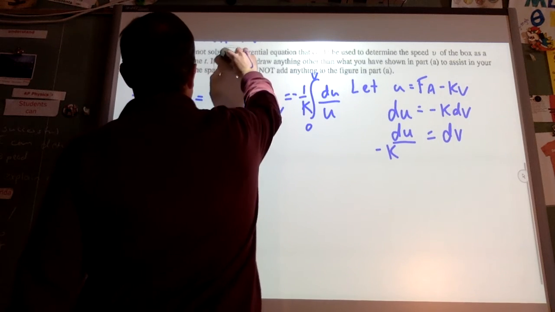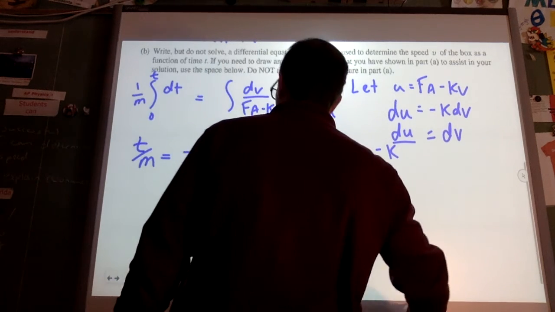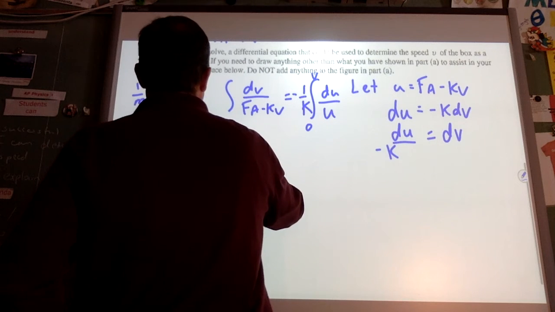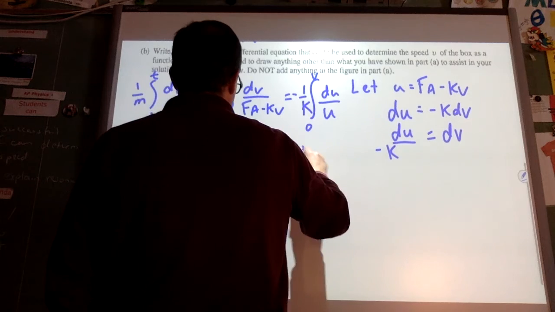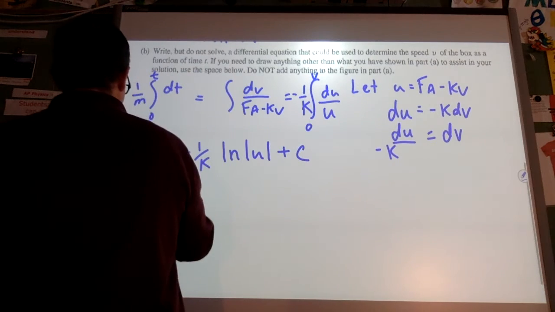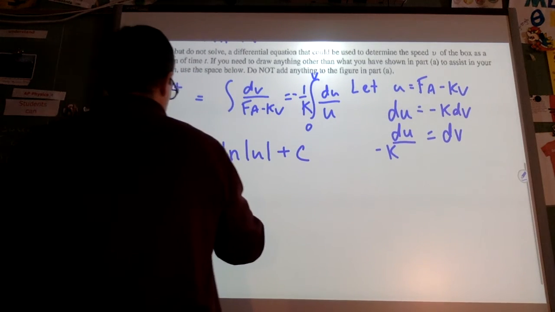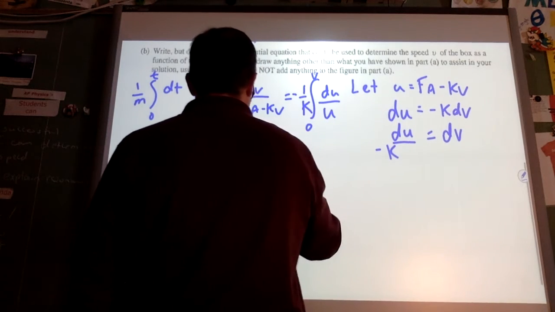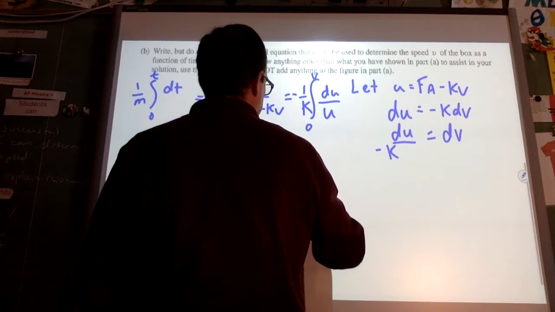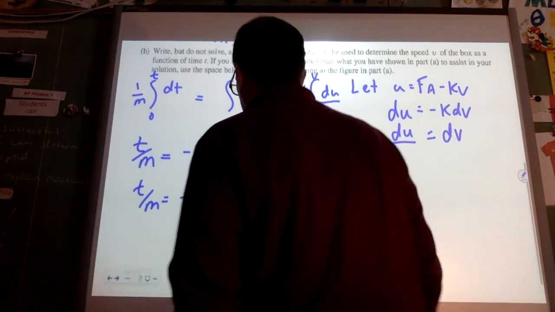So we'll take that out. So that's going to give us the natural log of u plus c. So that's going to be the natural log of FA minus KV plus C.